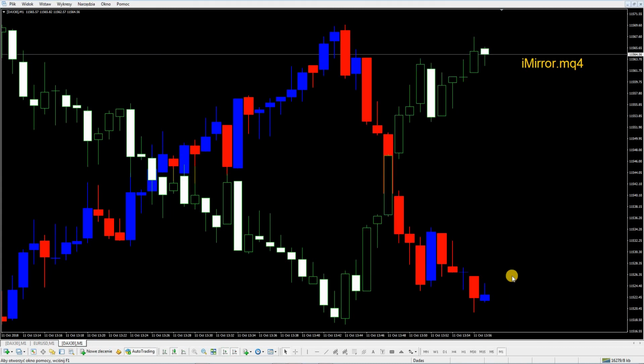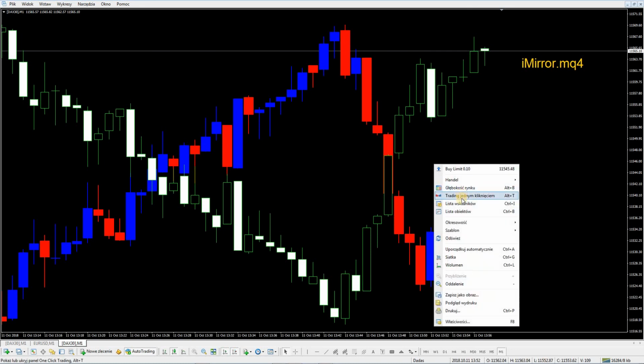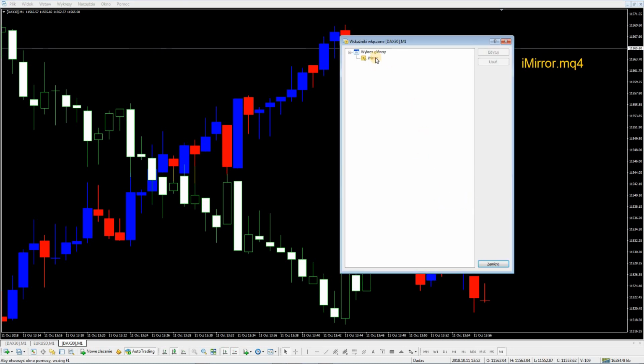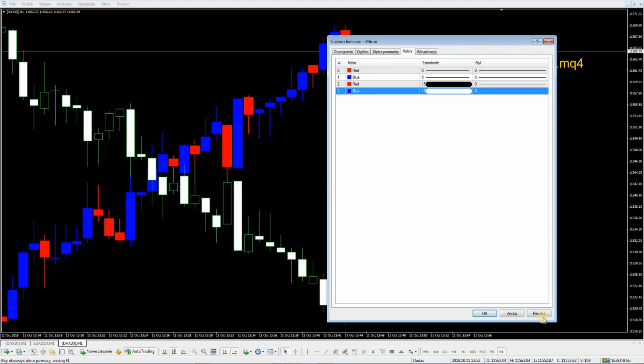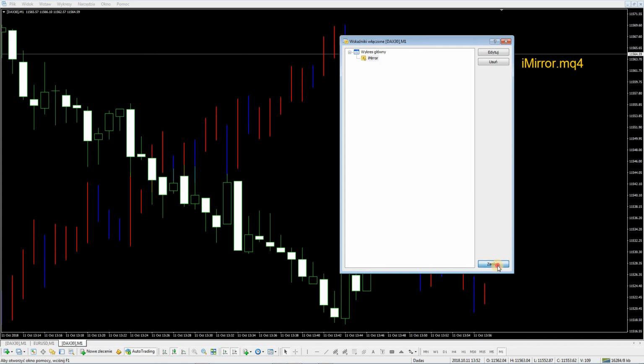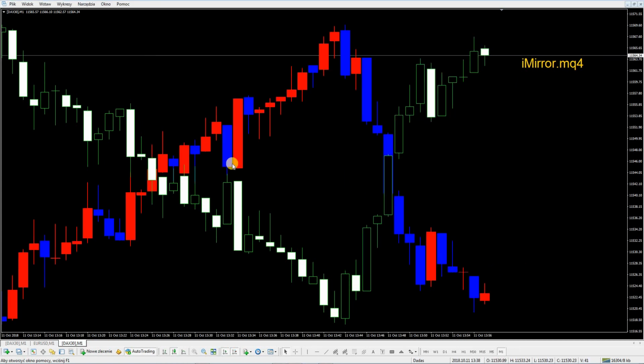Okay, like this, right? Well, but I think that the colors had been changed on purpose right here, in the other direction. So let's reset them in the other direction. Yeah, because basically, yes, those are the falling candles or the bearish candles right there, and those are the bullish candles. I mean, on the real chart.